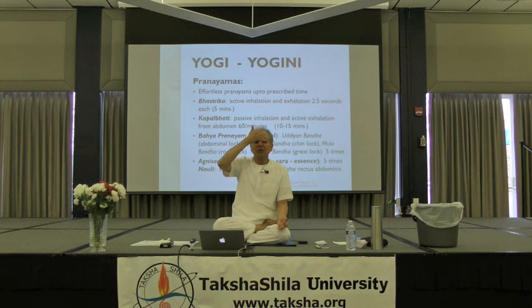Close your left nostril with the ring finger and little finger of the same hand and breathe out through your right nostril. Then breathe in through your right nostril, close your right nostril with your right thumb, and breathe out through your left nostril. Breathe in through your left nostril, close it with the ring finger and little finger, and breathe out through your right nostril.